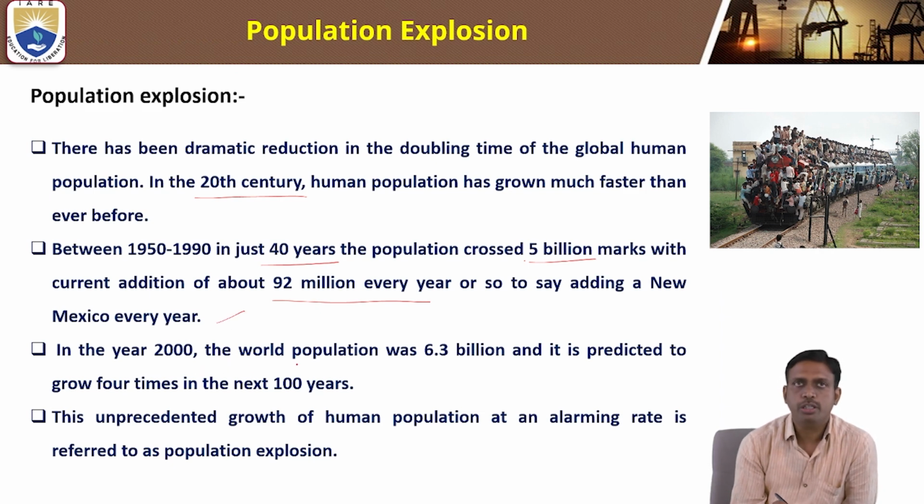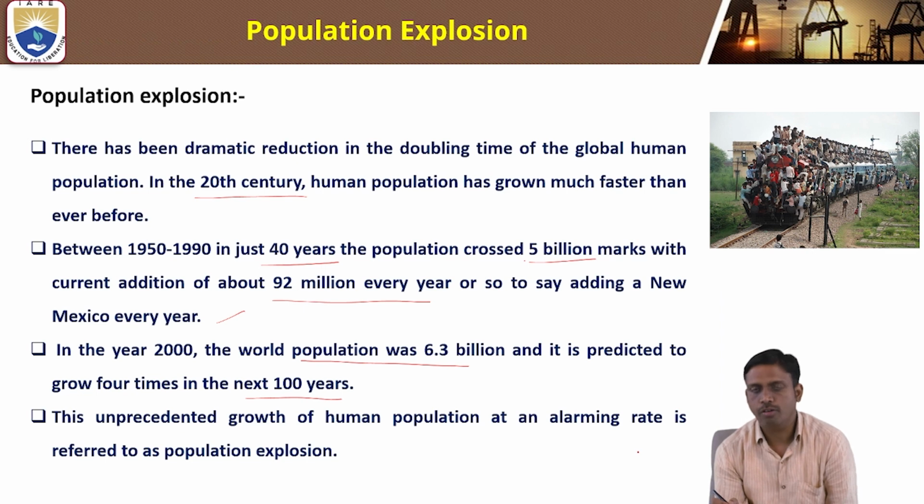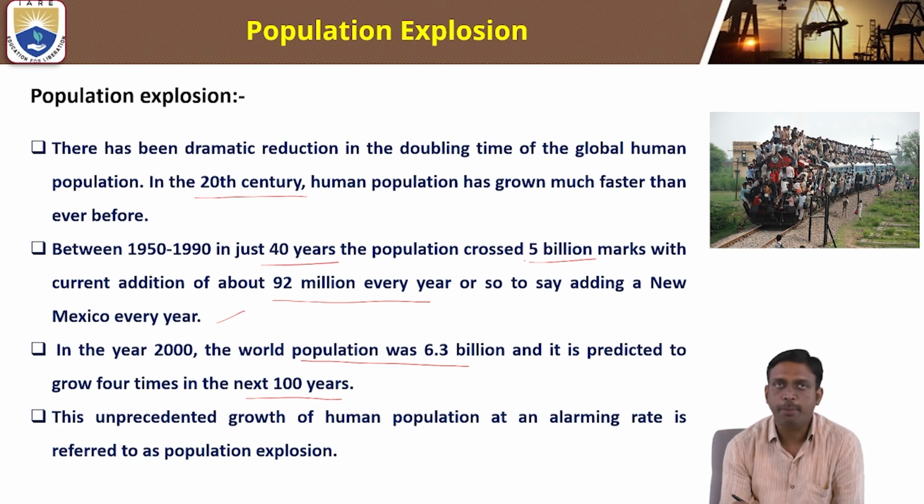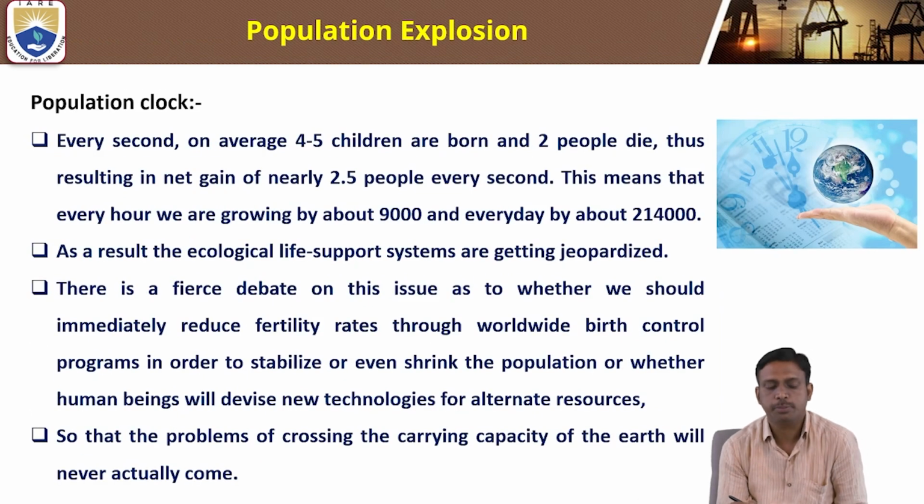In the year 2000, world population was 6.3 billion and it is predicted to grow 4 times in the next 100 years. This unprecedented growth of world population at an alarming rate is referred to as population explosion.